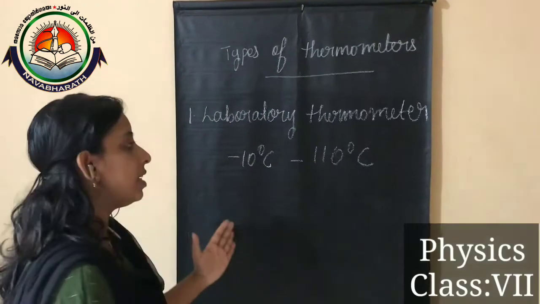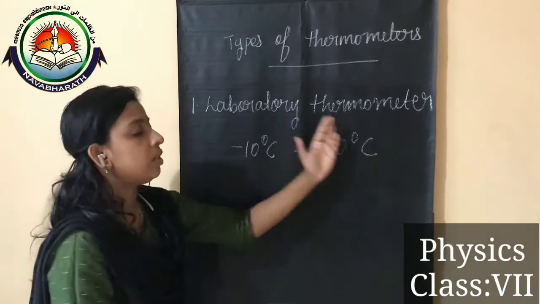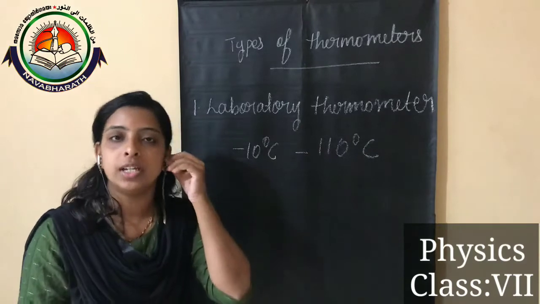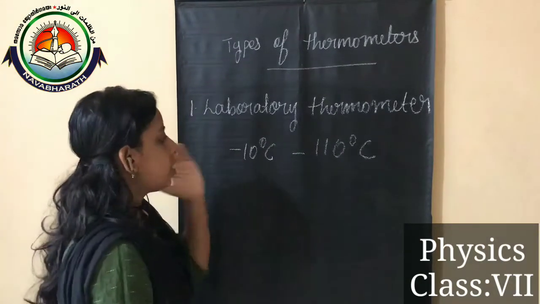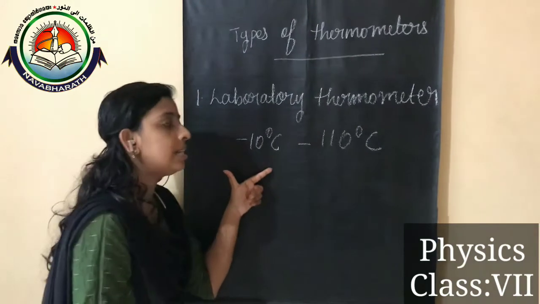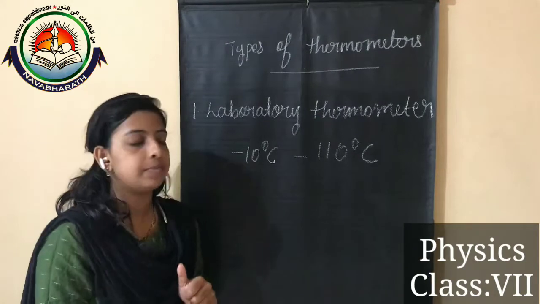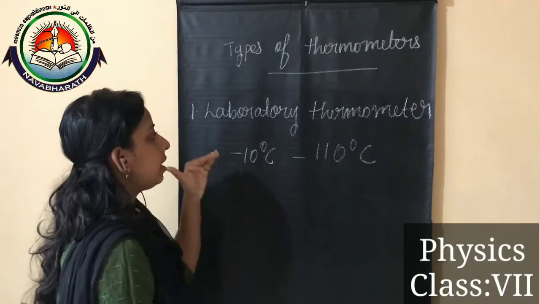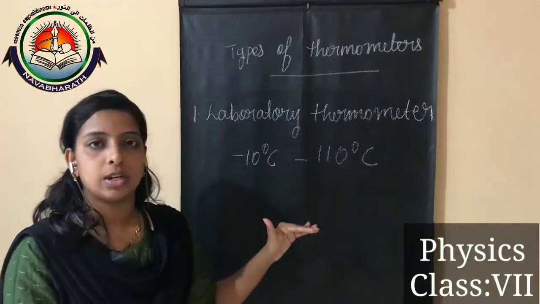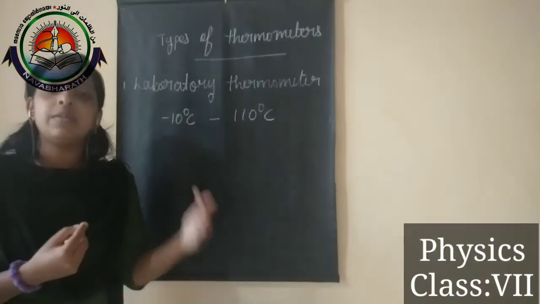That means we can measure a wide range of temperature using this laboratory thermometer. And the stem of the thermometer can express both the Celsius scale and the Fahrenheit scale.